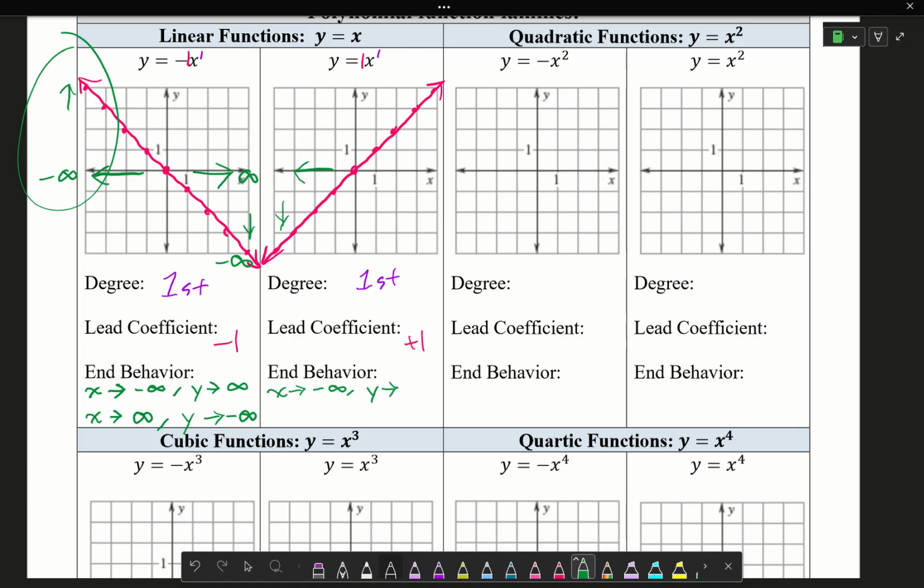So we'll write down y is approaching negative infinity. And as x is approaching positive infinity, in other words, moving towards the right in the greater numbers, we can tell that y is also approaching positive infinity. So we'll write that in: x arrow infinity, y arrow, y is approaching positive infinity.